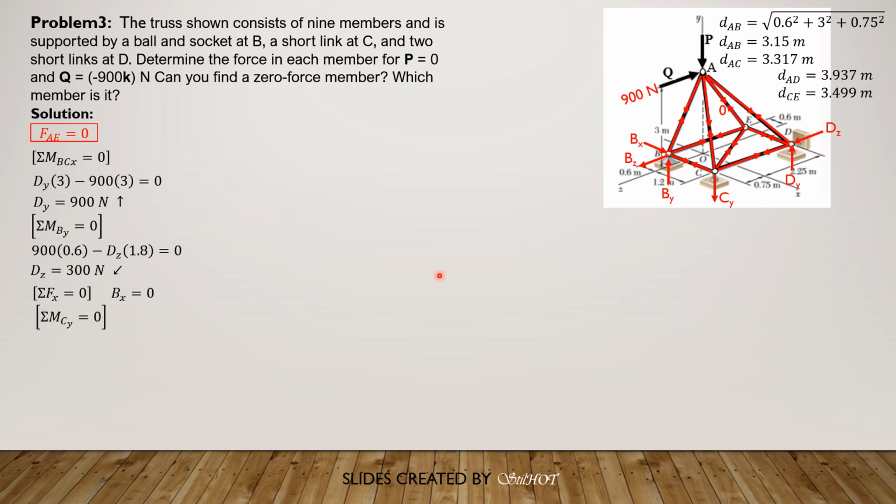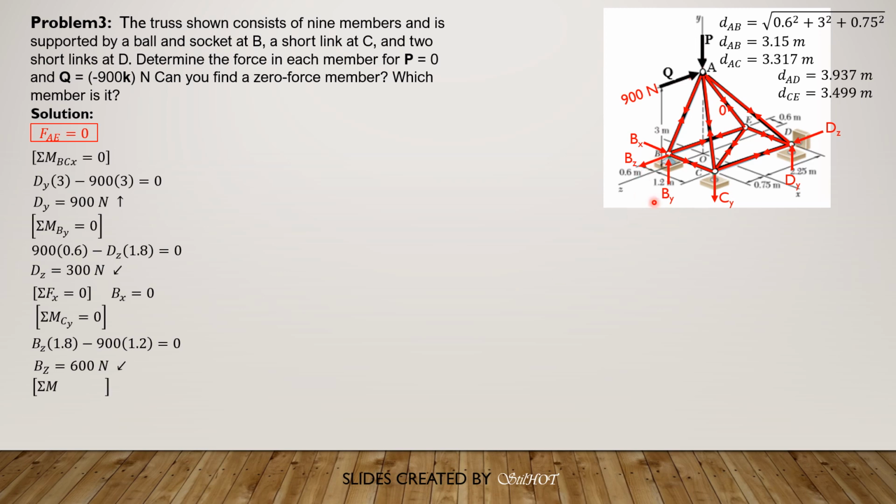And summation of moment about Cy, here Cy equals 0, to solve for Bz. So Bz is positive, Bz times 1.8, then minus 900 times 1.2 equals 0. So Bz is equal to 600 newtons and the assumed direction for Bz is correct.